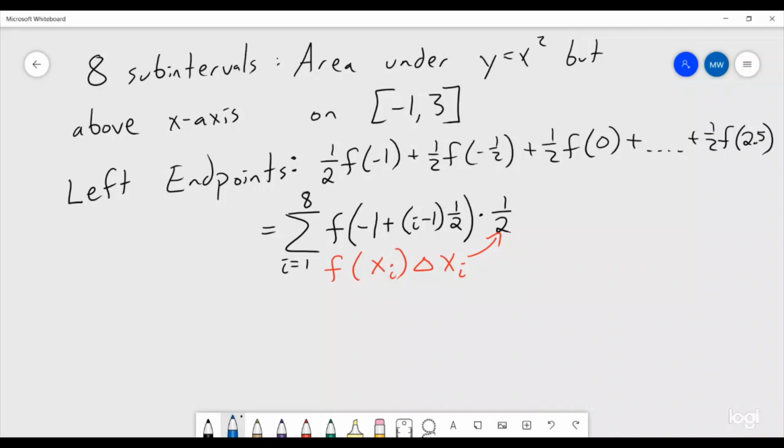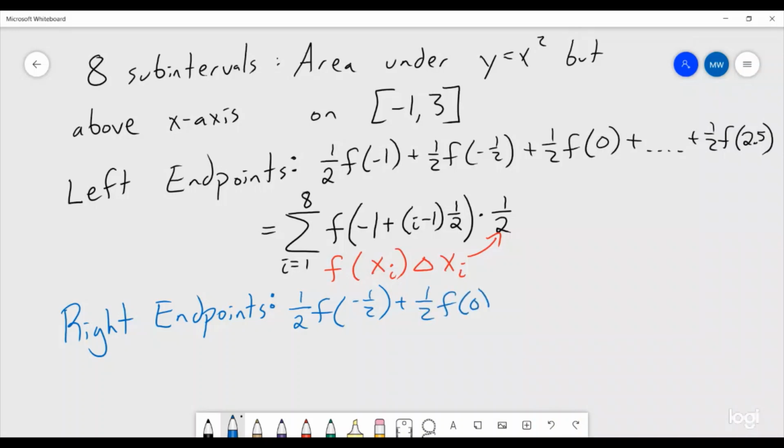And if you were to do this using right endpoints, instead of adding up the ones that are on our left endpoints, we would be starting at f of -1/2, so that would be a 1/2 f of -1/2 plus 1/2 f of 0 plus 1/2 f of 1/2 plus all the way up until you got a 1/2 f of 3.